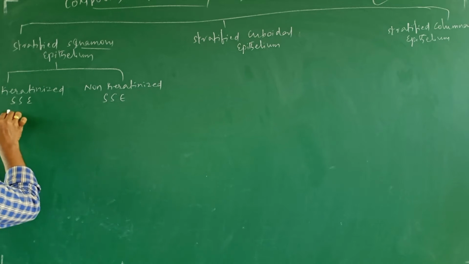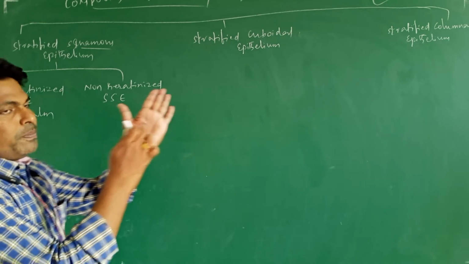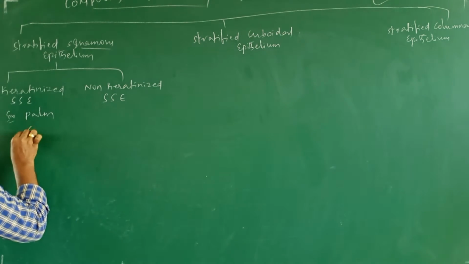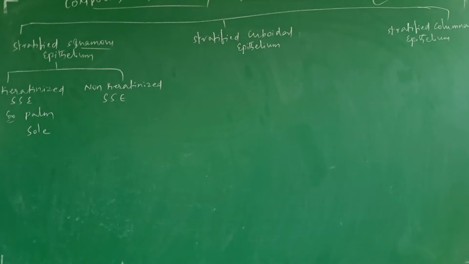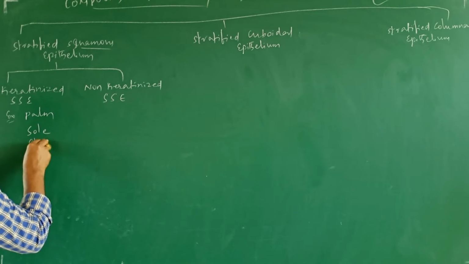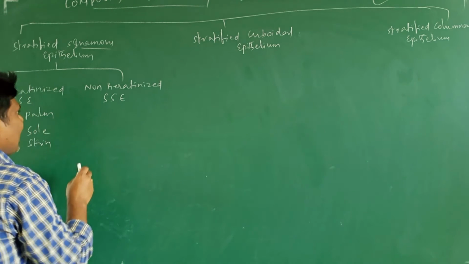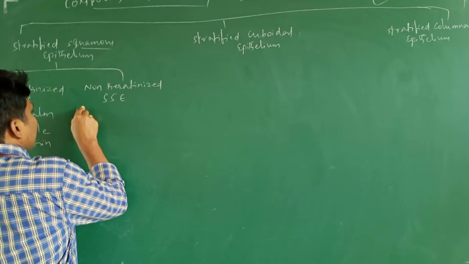Examples for keratinized: palm, sole, and skin. Now for non-keratinized stratified squamous epithelium, here are example locations where it is present.